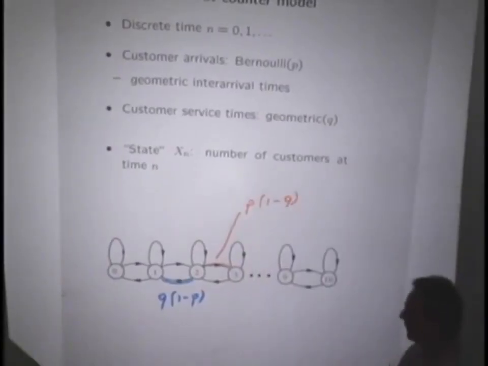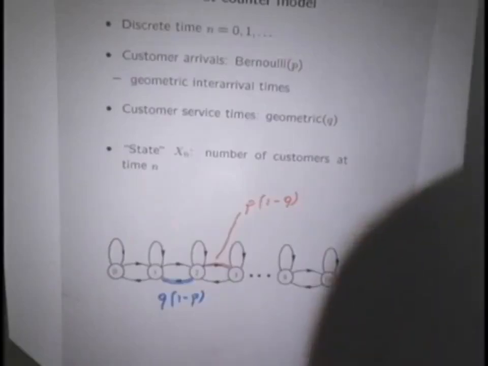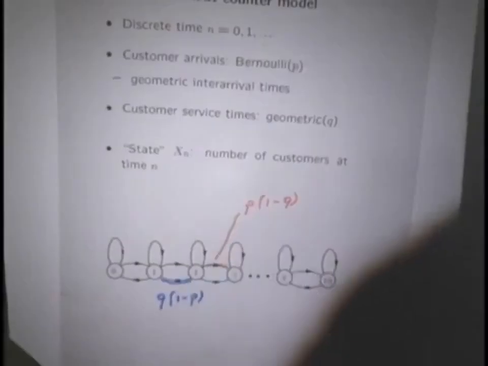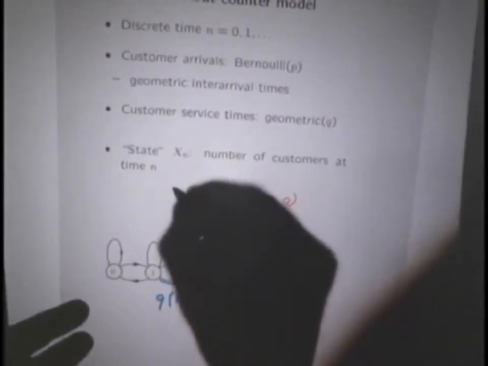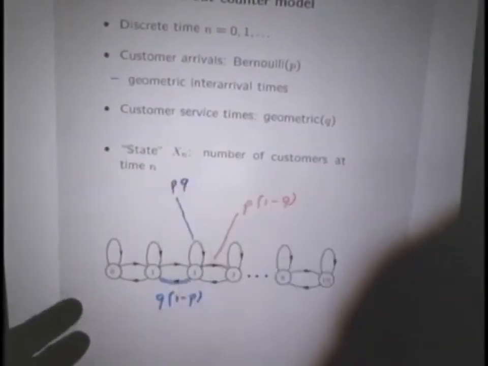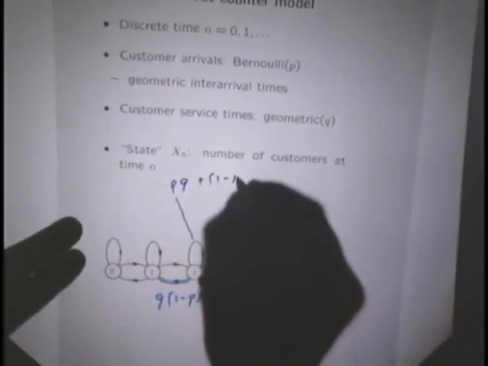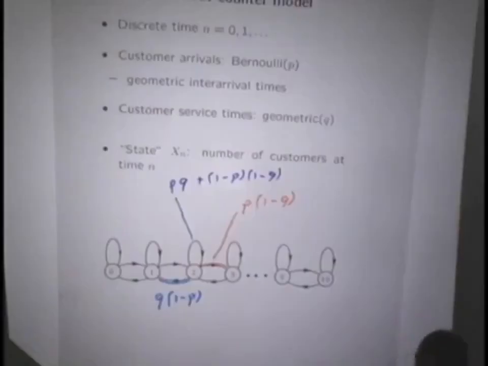And so the probability of that particular transition is this number. And then finally, the probability that we stay in the same state can happen in 2 possible ways. One way is that we have an arrival and a departure simultaneously. And the other possibility is that we have no arrival and no departure, so that the state stays the same.